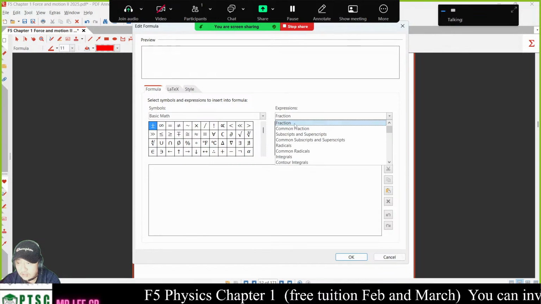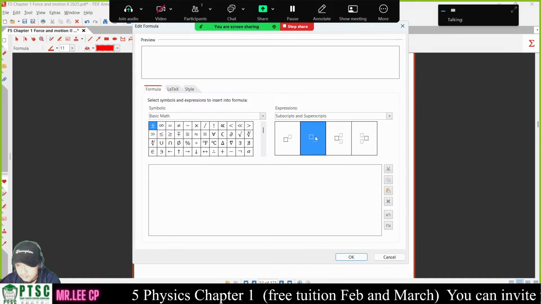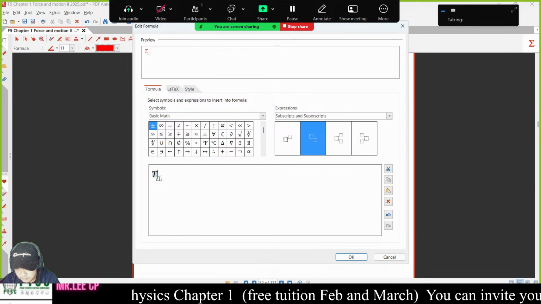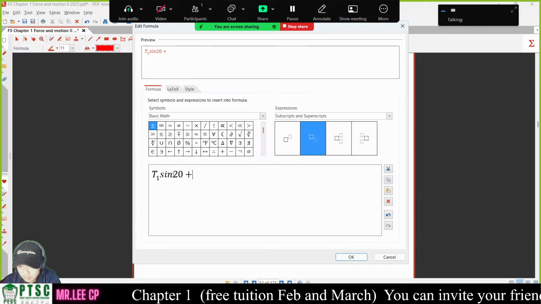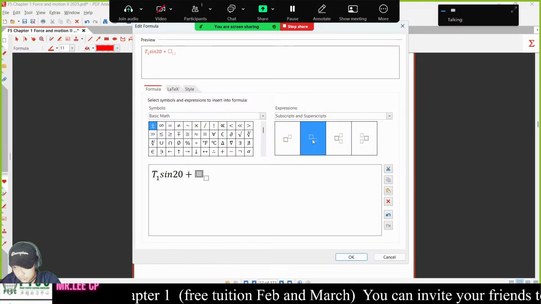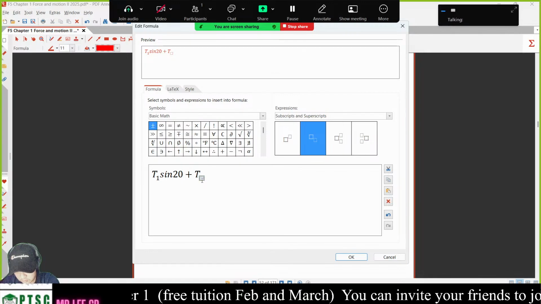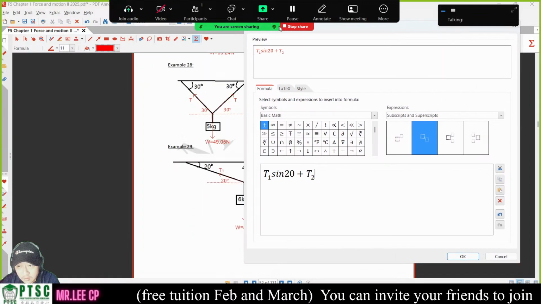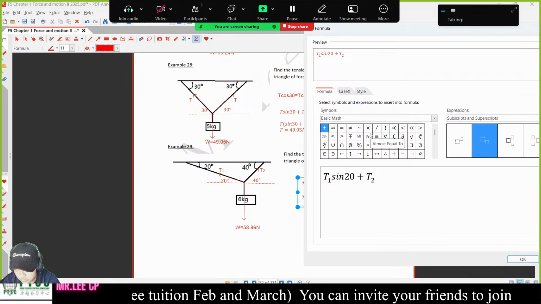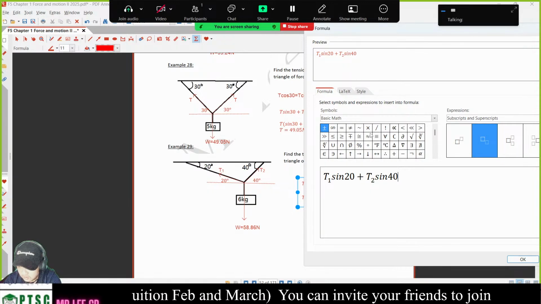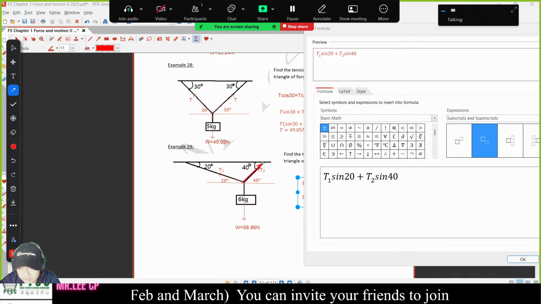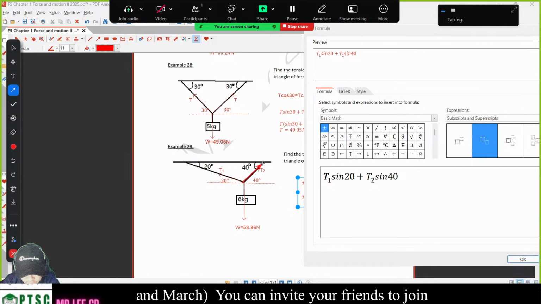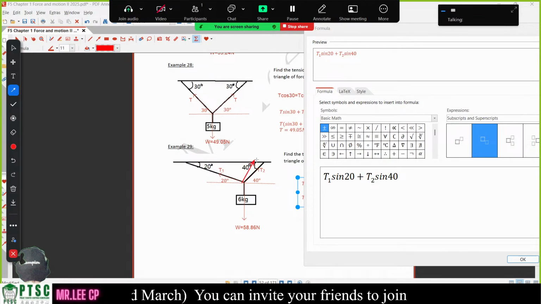So T1 sine 20 plus T2 sine 40. Where does the sine 40 come from? This 40, you bring T2 to here. Also not touching 40.